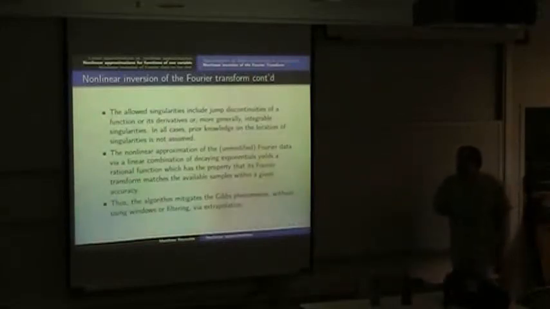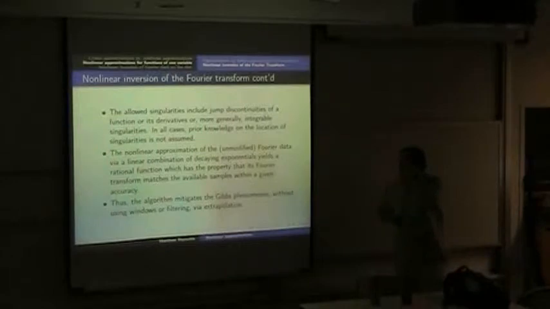Okay, so real quick, we can do these approximations with different kinds of singularities, so discontinuities in the function and its derivatives, or more generally just integrable singularities. However, in this approximation, we're not assuming that we know where the singularities are.